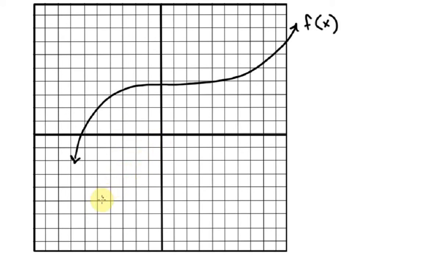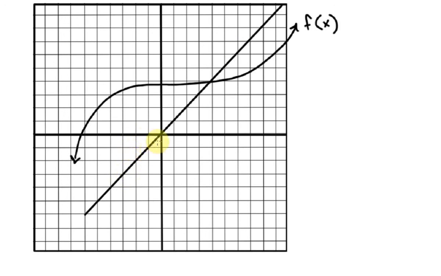I just got to figure out where I am here. The line y equals x. There we are. So this is the line y equals x. Now I'm going to, with the best of my abilities, try to reflect this original function across the line y equals x. It's not always that easy to do.